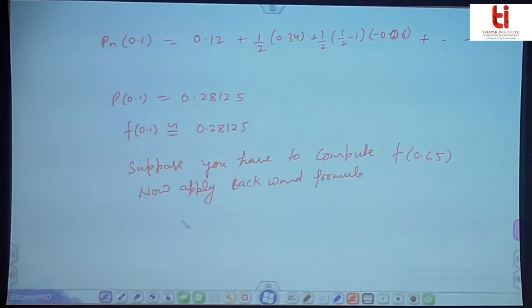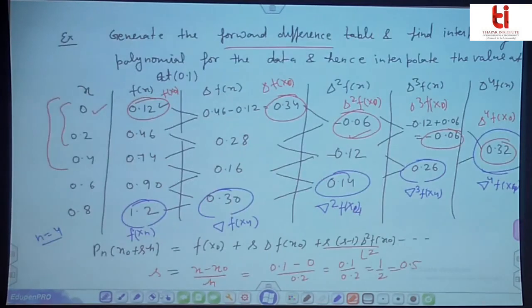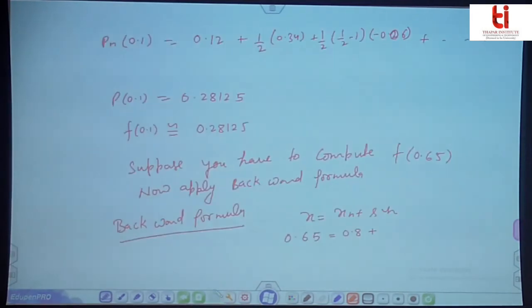Now compute the value of s. How do we compute it in the backward formula? In the backward formula, we take x equal to xn plus sh. x is 0.65. xn is the last point, that is 0.8. s you have to compute, and h is 0.2.